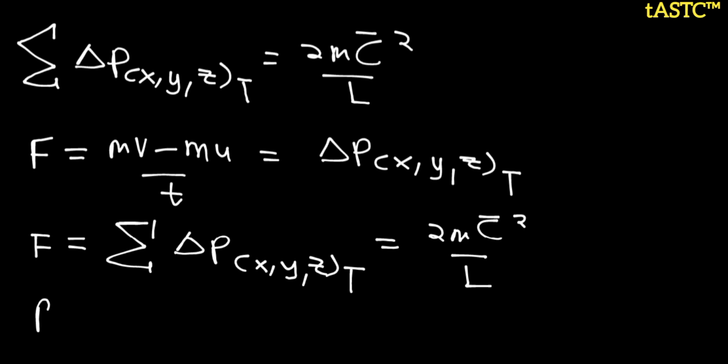Now we know that pressure is equal to force divided by area. We're going to change this force to the pressure. Now if you cross multiply, you would have that the force is equal to the pressure multiplied by the area.